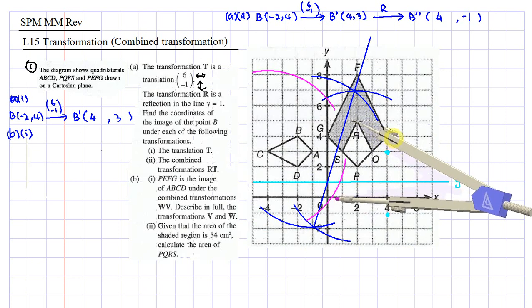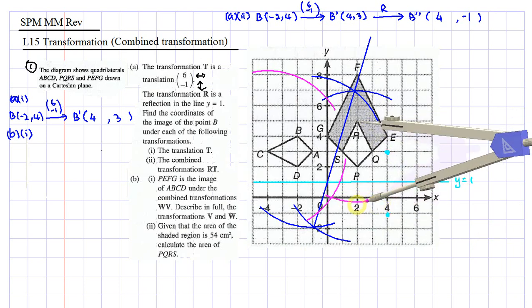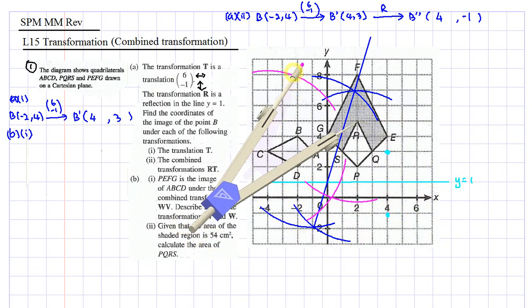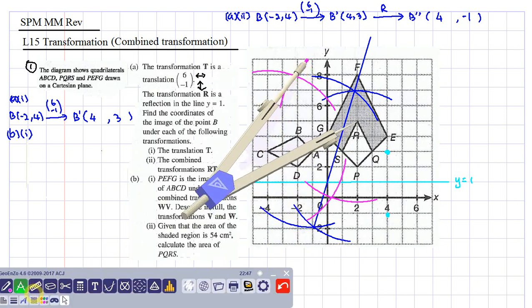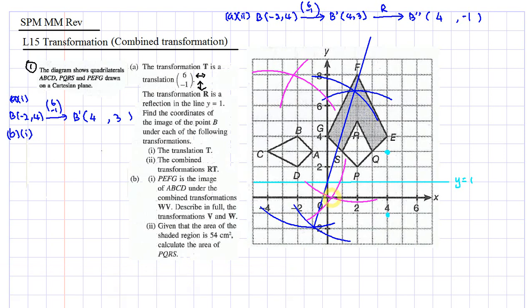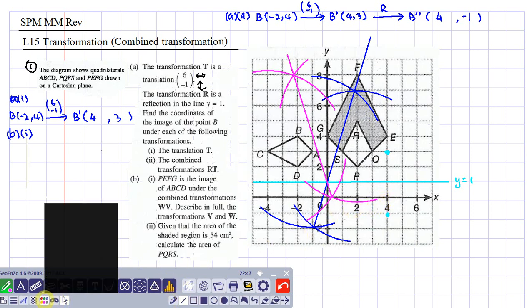Now place it at R first, make an arc, and do the same thing for both sides. Then just connect these 2 points together. Now you see the intersection point, right?